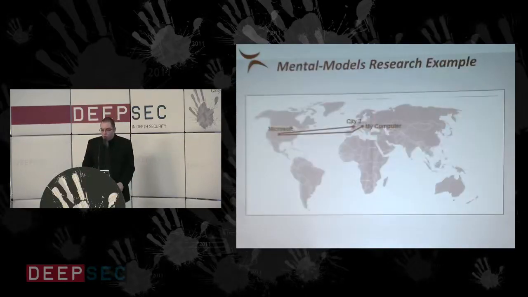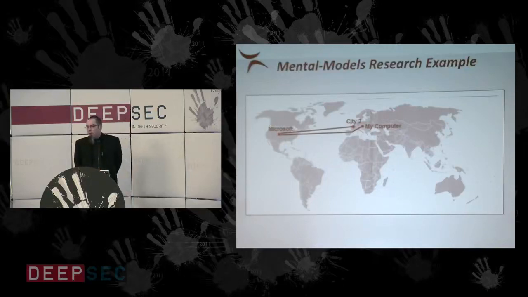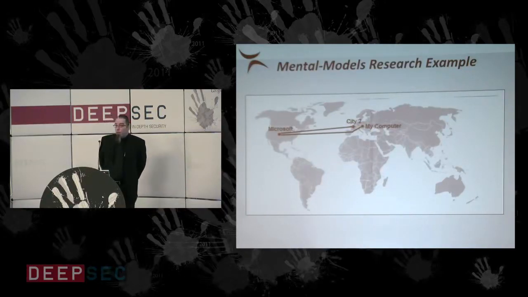I will give a short example from Cure's research. Cure has been very active in the PrimeLife projects where we dealt with privacy-enhancing technologies. We wanted to know what is the mental model of end users when it comes to how their data travels to the web. What did we do?